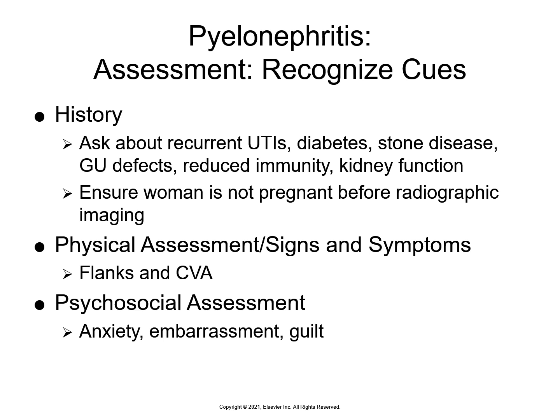You want to know what area they're having the sensation in, any signs and symptoms such as having pain, if they've had a stone or if they have had a catheter recently.